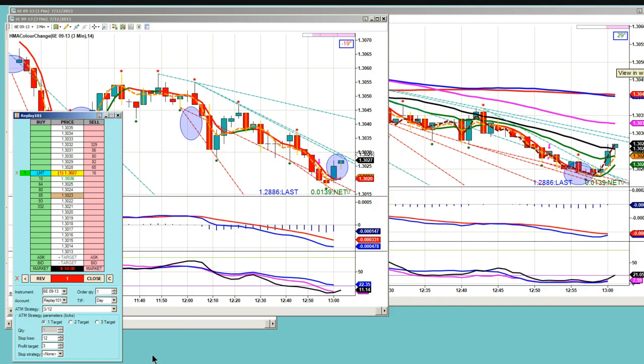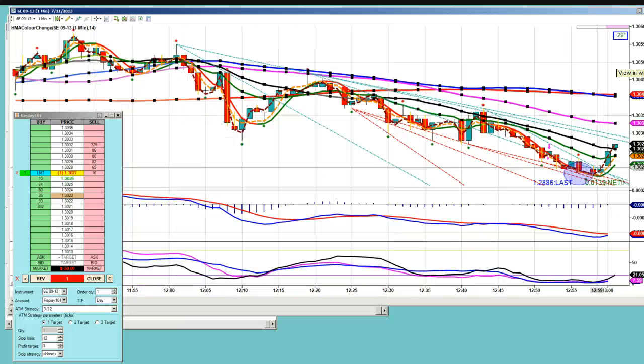Notice that I'm only going to lose 4 ticks. That's $50. Not $150, $50. And if I was really paying attention, I could have noticed that the HMA on my 1 minute changed color a lot earlier and maybe only lost 2 ticks.